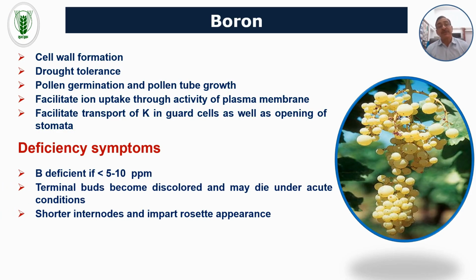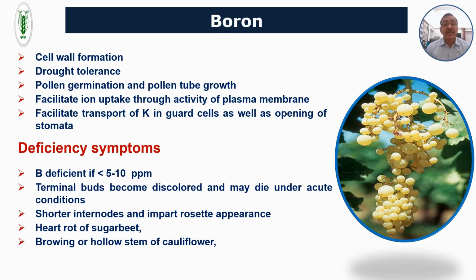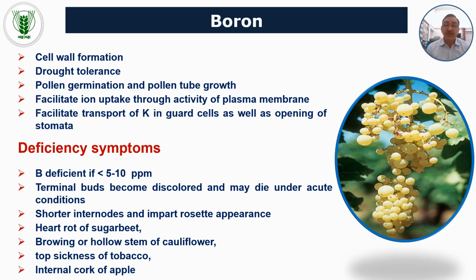Among the deficiency symptoms, the terminal bud becomes discolored and may die under acute conditions when boron is not made available. Shorter internodes that impart a rosette appearance are also due to boron deficiency. Heart rot of sugar beet, browning or hollow stem of cauliflower, top sickness of tobacco, internal cork of apple.